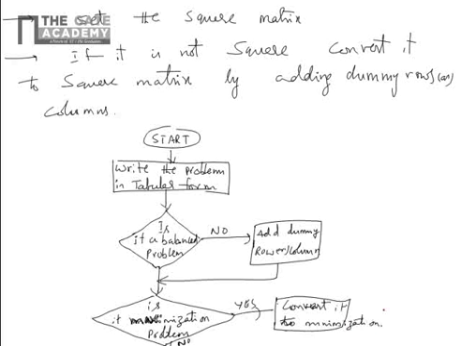How to convert to minimization: by changing signs, or by subtracting all of the values from the largest value, is one method.